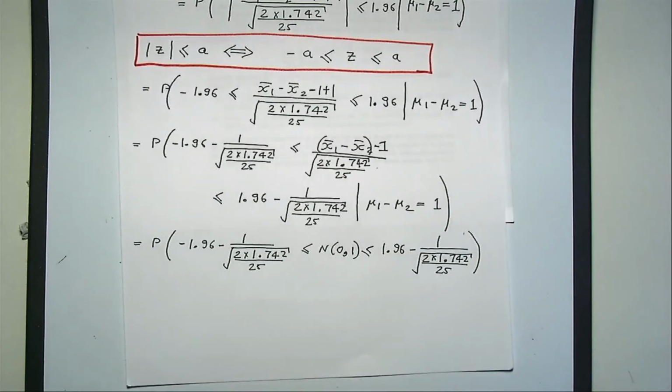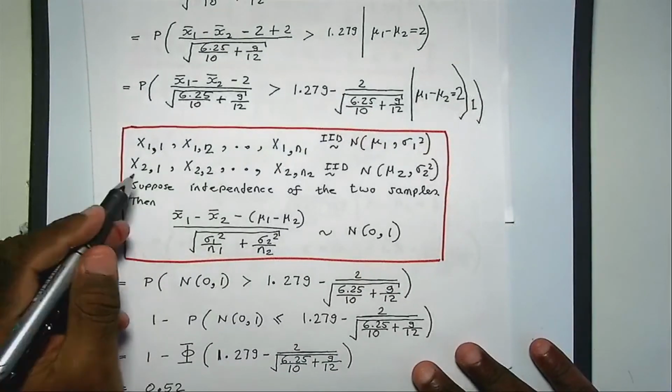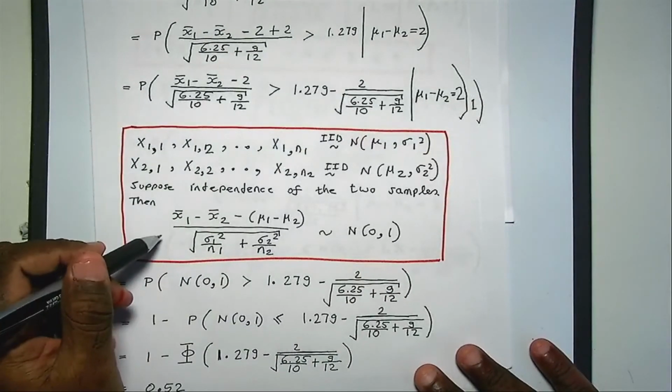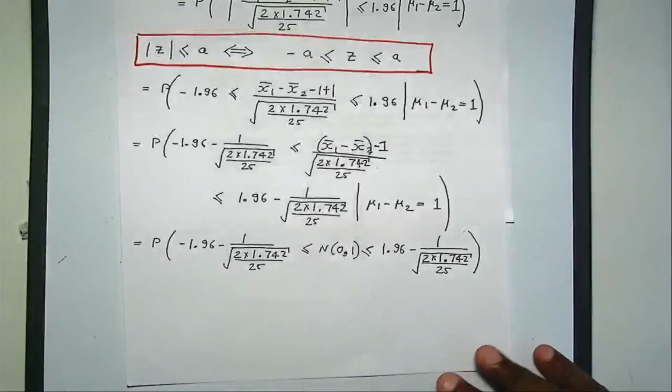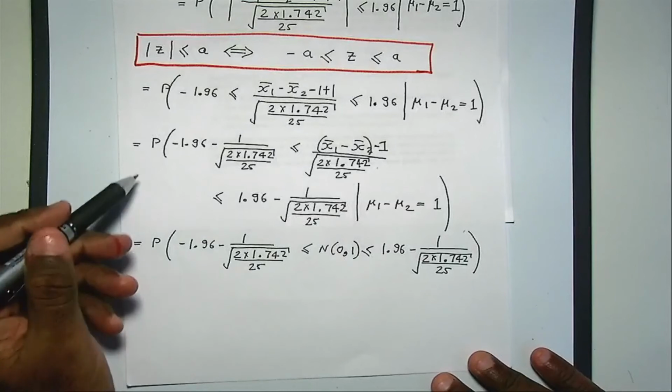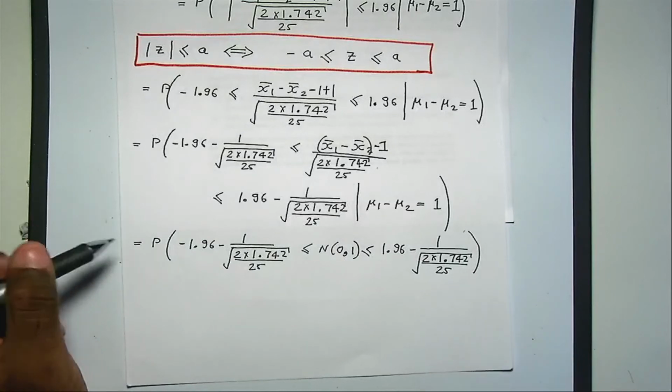Right, guys. So now we don't need the conditioning anymore, right? The property I referred to is this one here. This is a property I mentioned when I did question 1 of this tutorial sheet, right? So that's the property I have used to go from this line to this line, right?